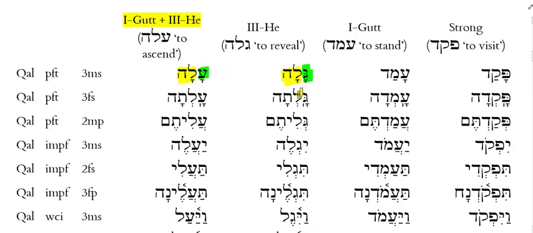Okay, so let's look at the next one. We have pakada. You know that pakada is the third feminine singular perfect, she appointed. Amad becomes amada. You see no difference here because, again, in the perfect of the cal, one guttural verbs are quite normal in most forms. Galatha, notice that the front part is normal.